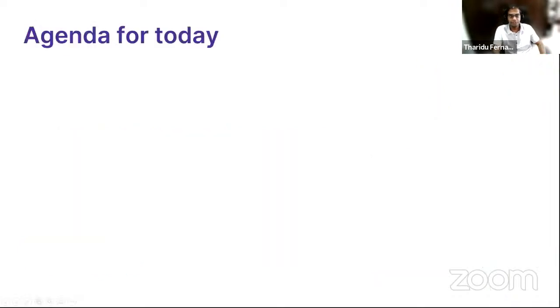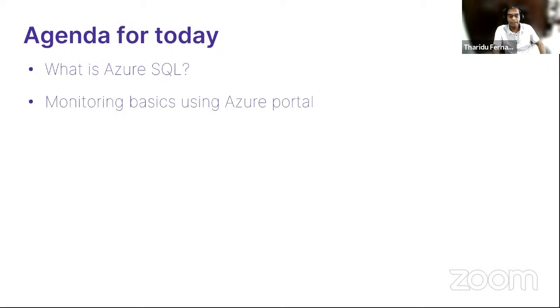So this is the agenda for today. Initially we'll talk about what is Azure SQL, some brief description about it. And then we'll be going through some monitoring basics that you can do using the Azure portal. And also how we can do some high level tuning using the Azure portal based on the statistics that we have.